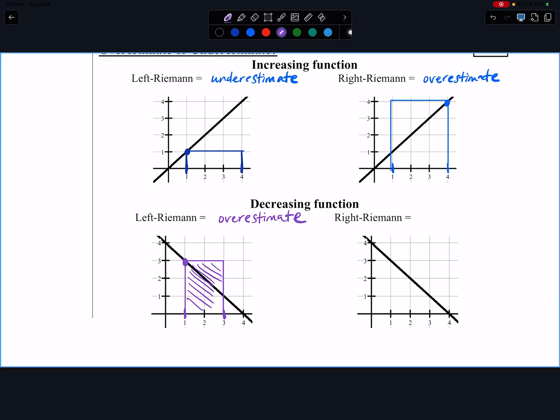Okay, for a right Riemann sum, I'm going to pick the same interval from 1 to 3. So this is going to be my height. So this would be an underestimate.